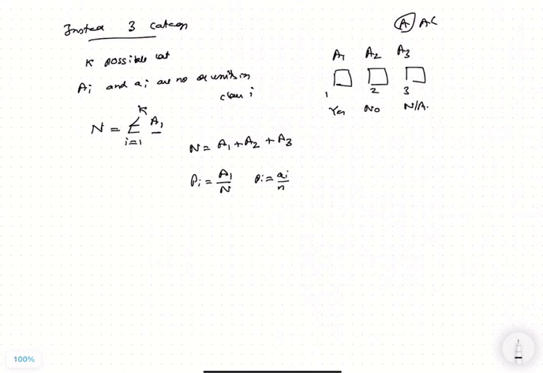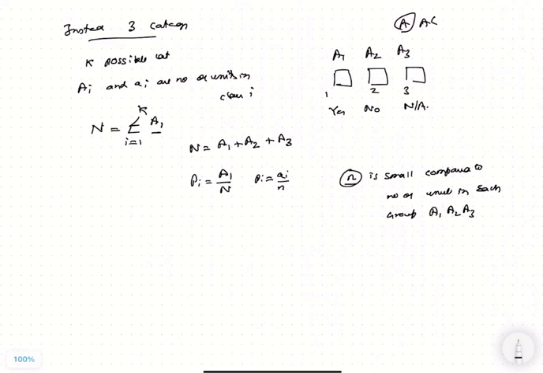Now, as long as the sample size n is small compared to the number of units in each group, as long as A1, A2 and A3 are good numbers and n is small.